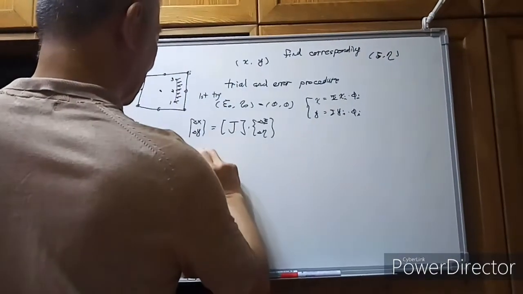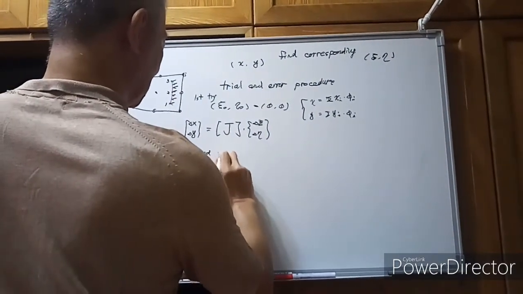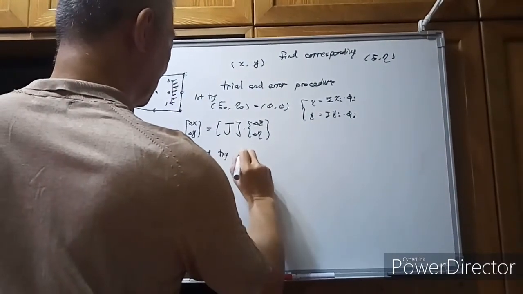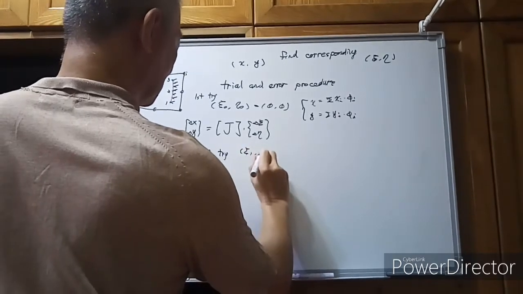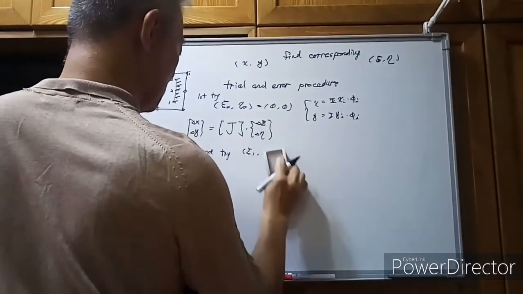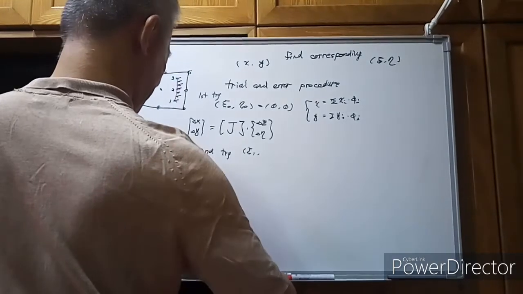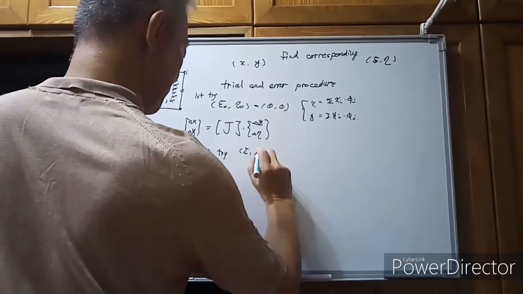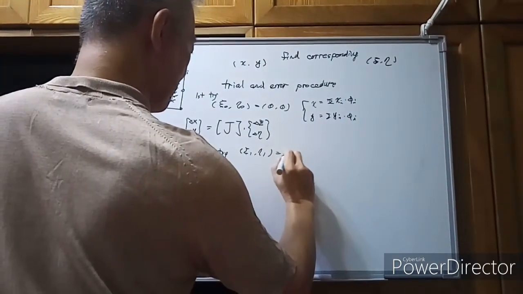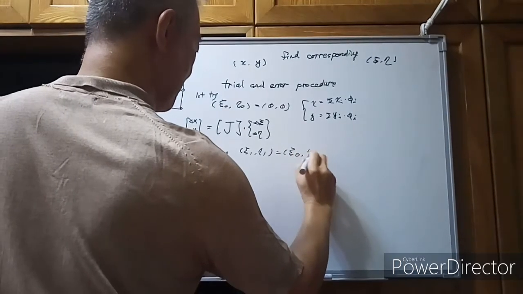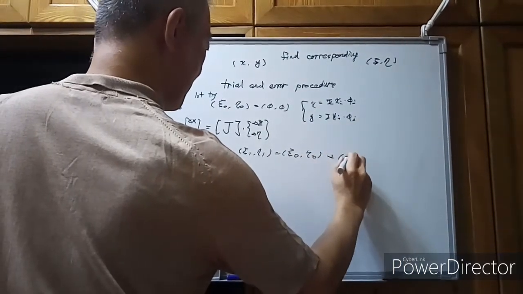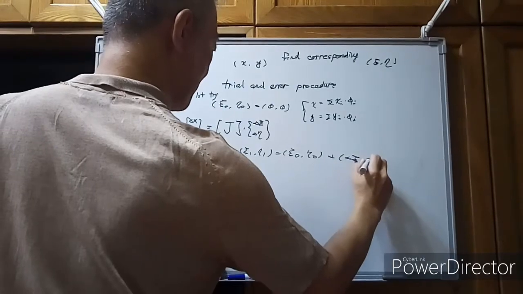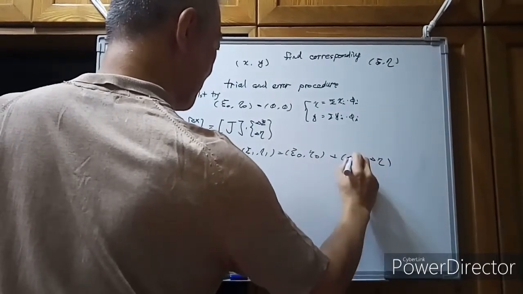So the second try will be the modified c and eta.